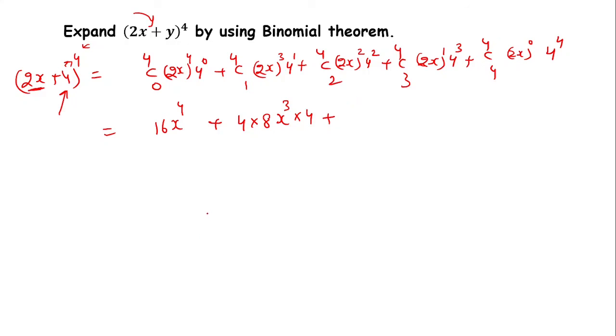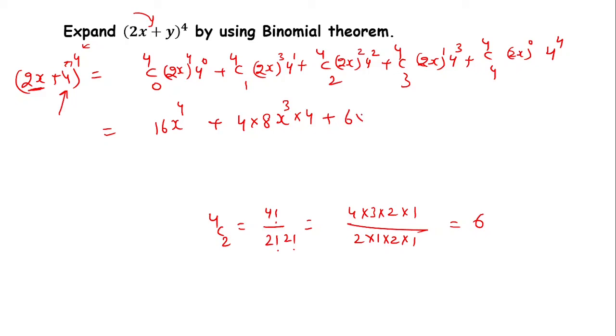How do you simplify 4c2? I already told you, but take it again. 4 factorial, then 2 factorial, then 4 minus 2, 2 factorial again. If you simplify, 4 times 3 times 2 times 1 over 2 times 1 and then 2 times 1 again. So which value do I get? 6 here. If you simplify this, 6 times 4x square, then 4 square is 16.